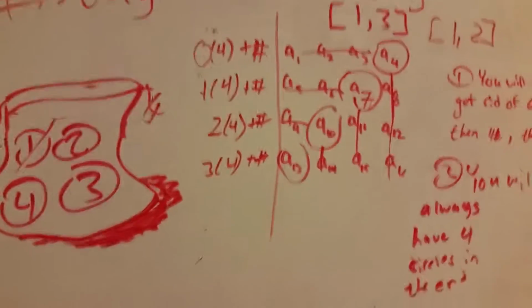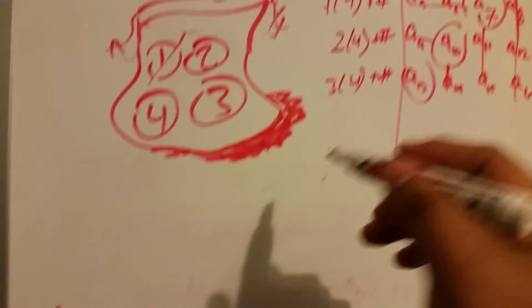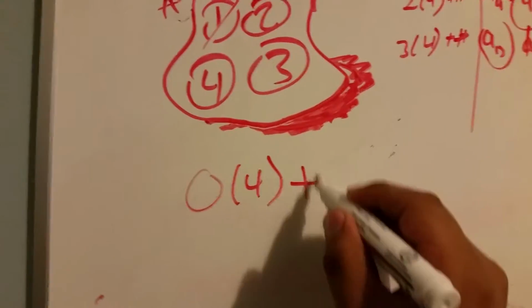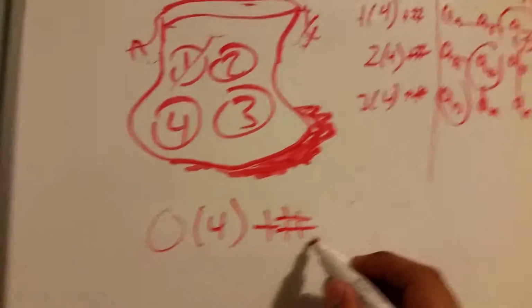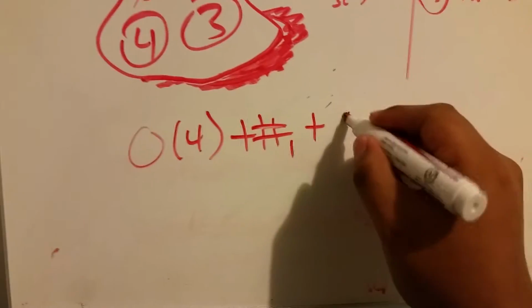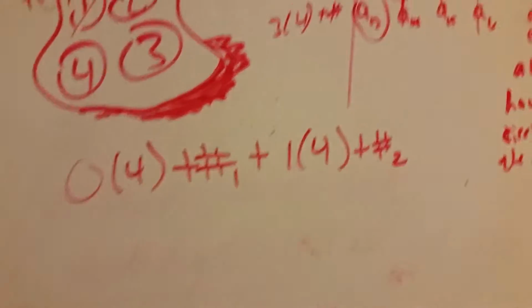So for example, alright, so basically I made it like this. It'll be 0 times 4 plus h, and then this will be h1, because it'll be the first number that you pick up, plus now 1 times 4 plus h2.